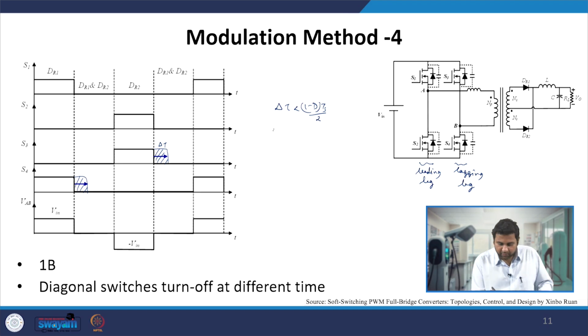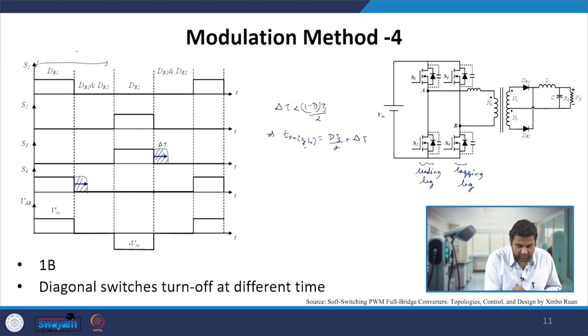Because of that, my turn on period of S3 and S4 is now d Ts by 2 plus delta t, which is less than Ts by 2. This is the entire Ts by 2, from here to here d Ts by 2, from here to here the 1 minus d Ts by 2 period.